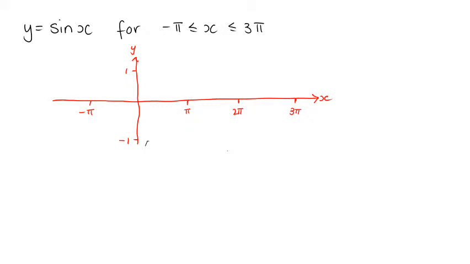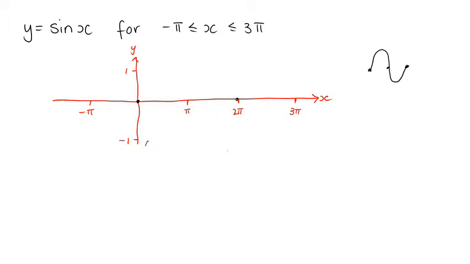So every time you hit 2 pi, it has to go and repeat itself. So the sine graph actually looks like this. It starts at the origin, and then after every 2 pi, it repeats itself. So this would be the origin, that would be 2 pi.